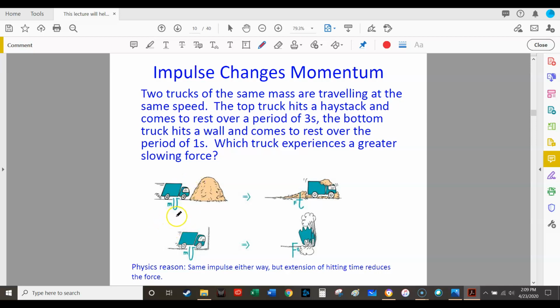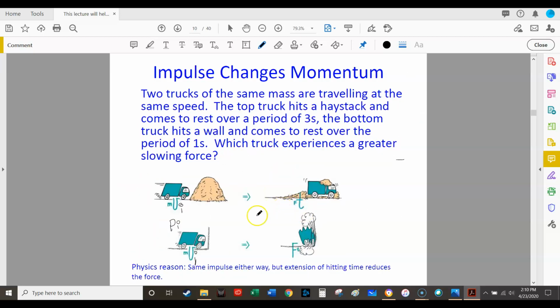In both cases, the initial momentum is going to be, you're initially driving, minding your own business. So this is the initial momentum of both things, and they're equal, right?